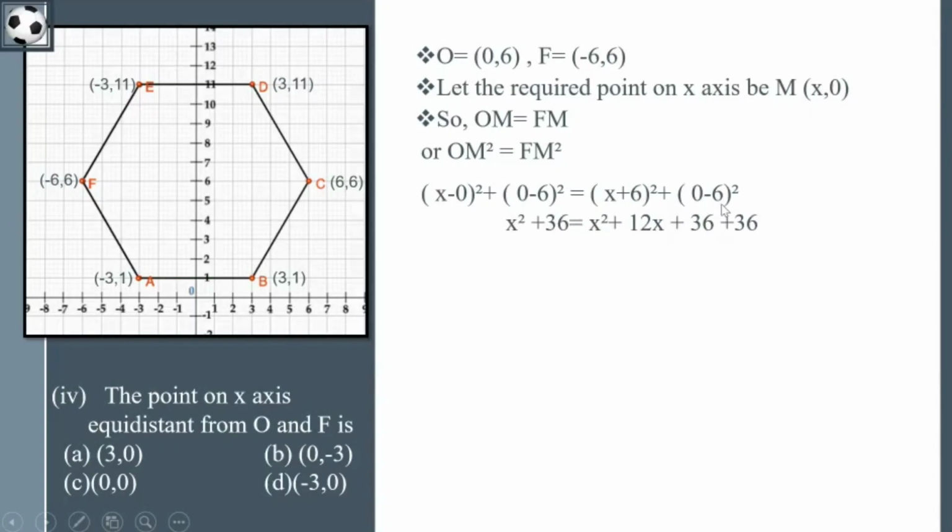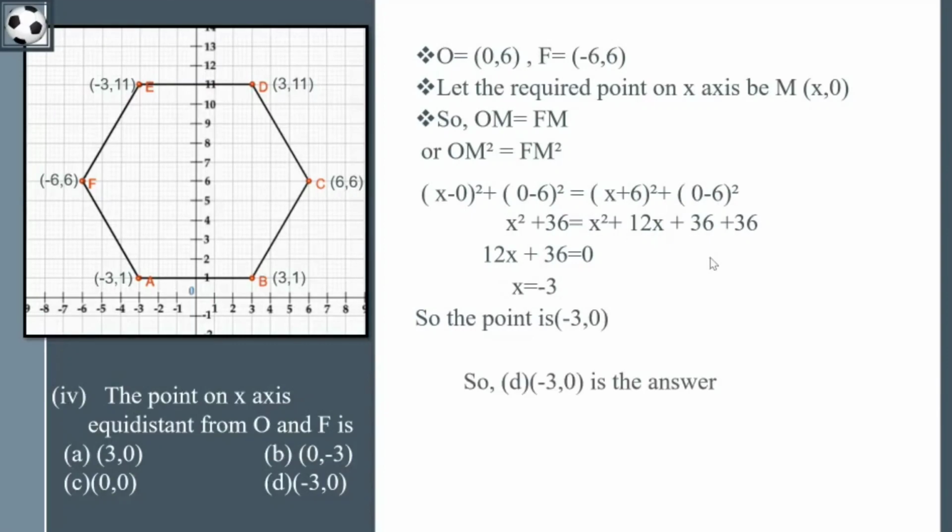This gives me x square plus 36 is equal to x square plus 12x plus 36 plus 36, which simplifies to give me x is equal to -3. So the point M will be given by (-3, 0). So B part is the correct answer.